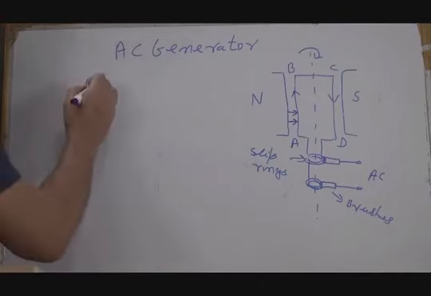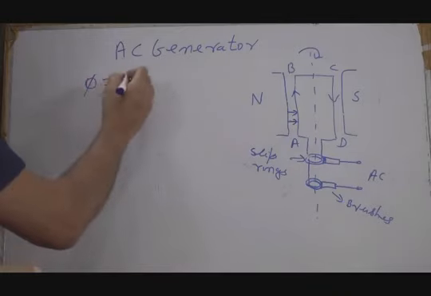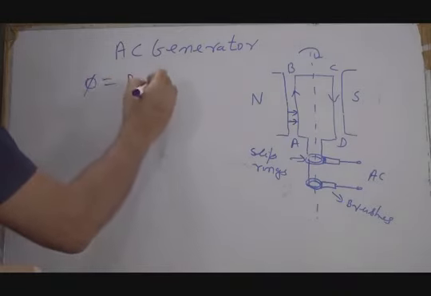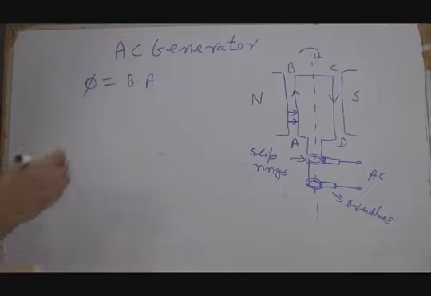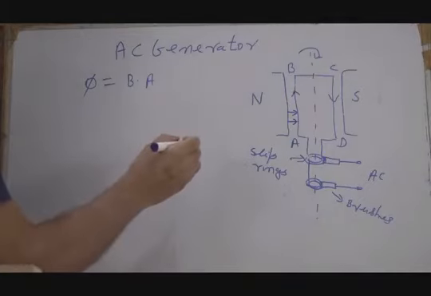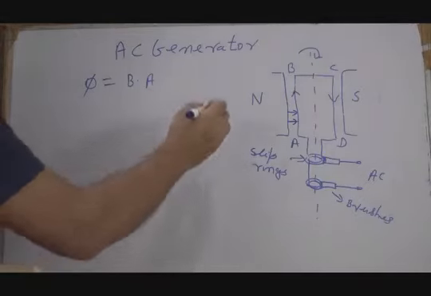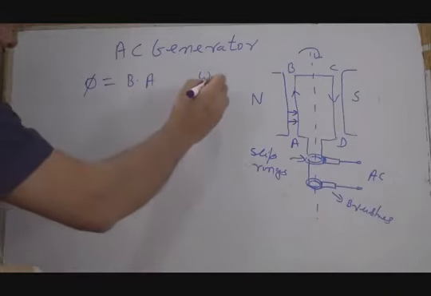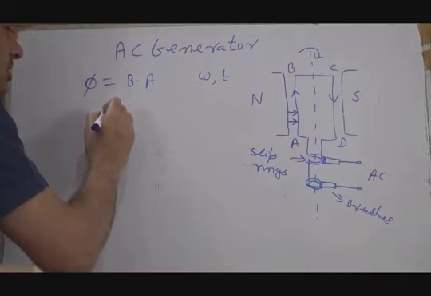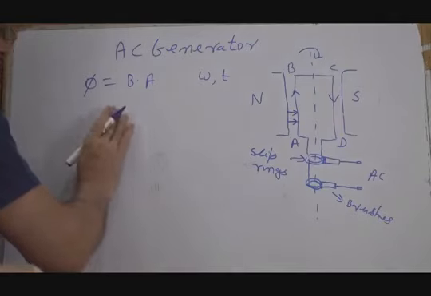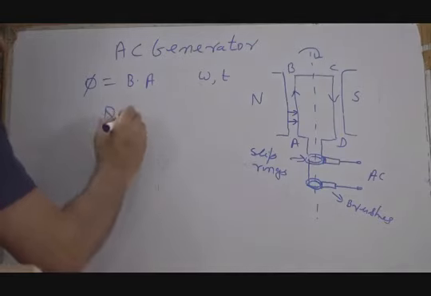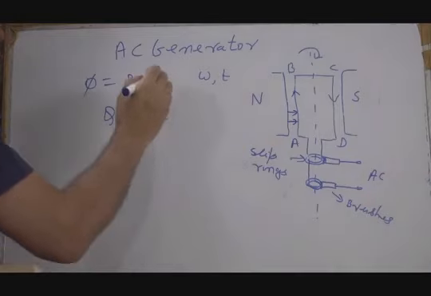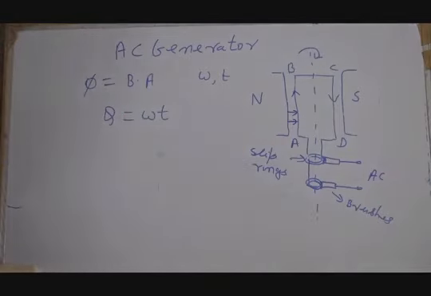Now we know that flux is equal to B dot A. Suppose this coil is rotating with angular velocity omega. So in any time t, the angle theta will be omega t. So at any time t, the angle between B and A will be omega t.